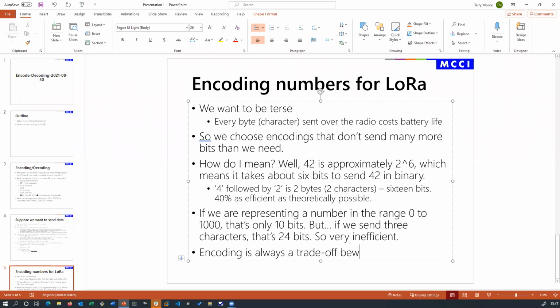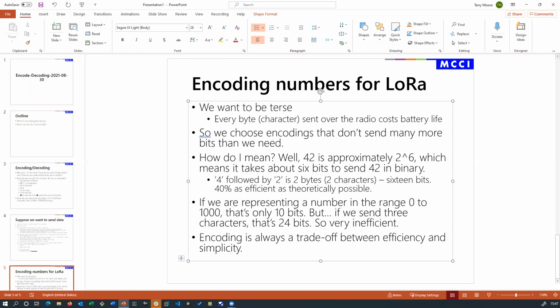A trade-off. If we only send 10 bits, in the case of a number in the range 0 to 1,000, that's really very efficient. But if you have 2 numbers, packing 2 10-bit numbers into a 24-bit number or 3 into a 30-bit number, you get all of these boundary conditions, and it gets kind of tricky and hard to read when you're looking at the received data.